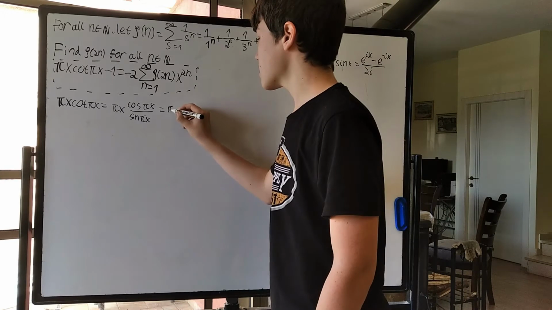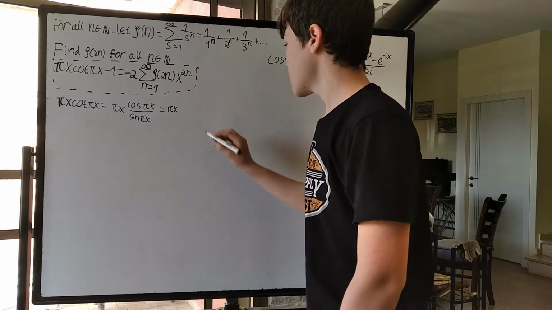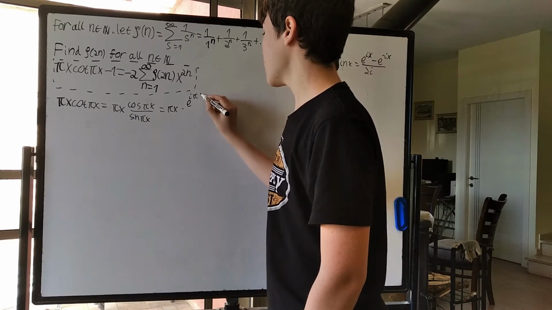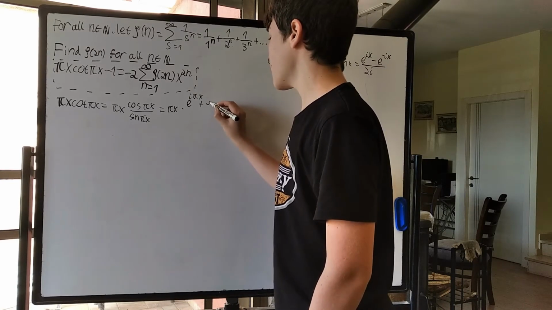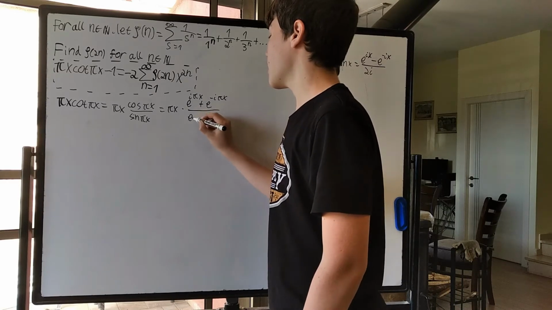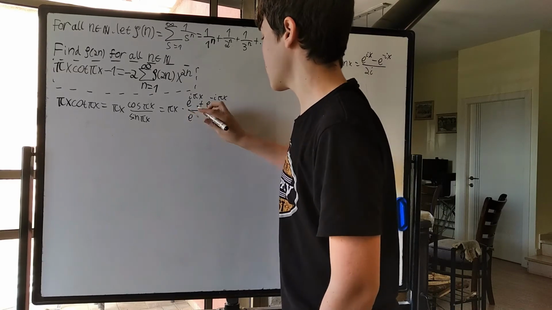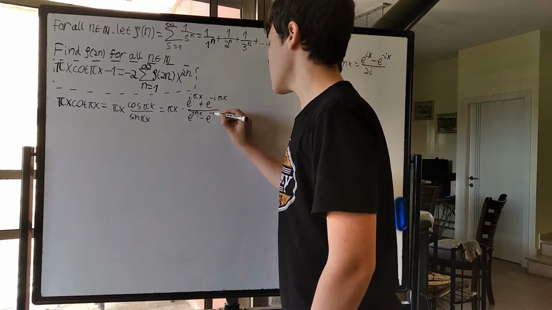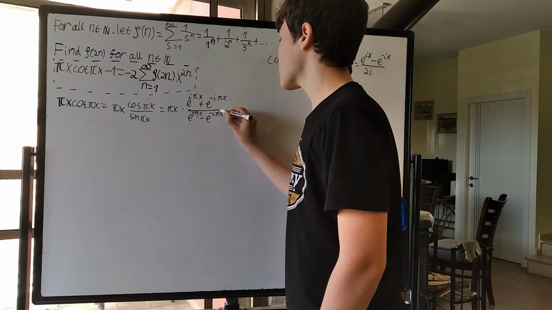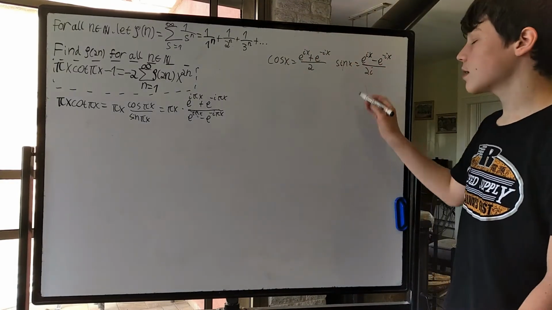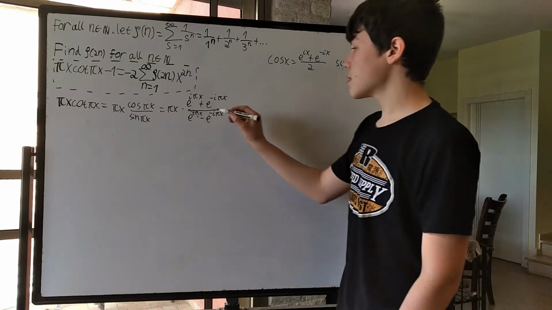So now this is pi x times e to the i pi x plus e to the minus i pi x divided by e to the i pi x minus e to the negative i pi x. And then this is divided by 2 and times 2i. And so this is just times i.